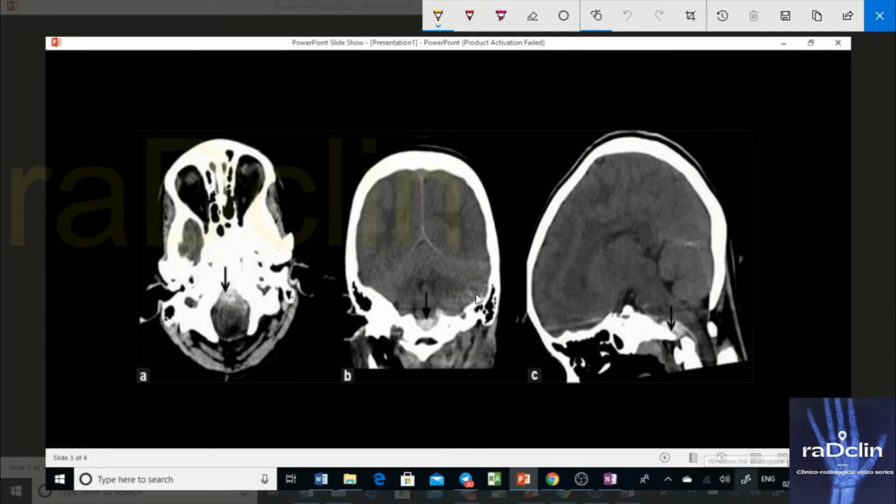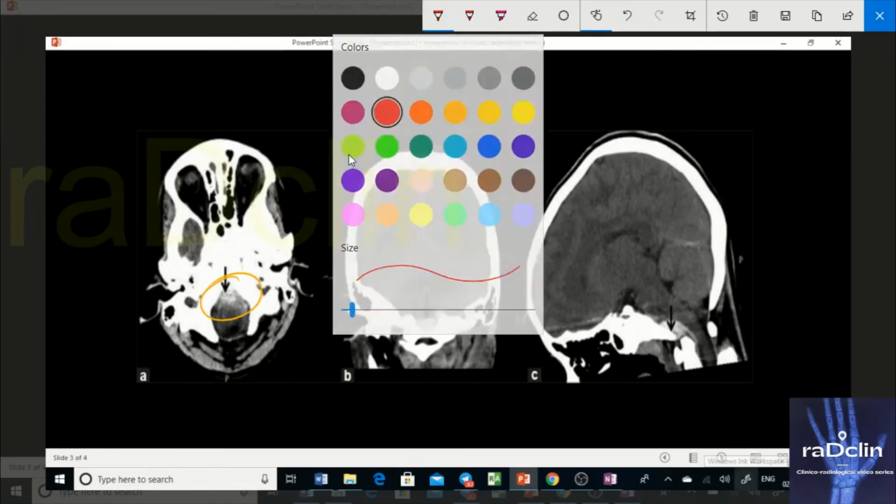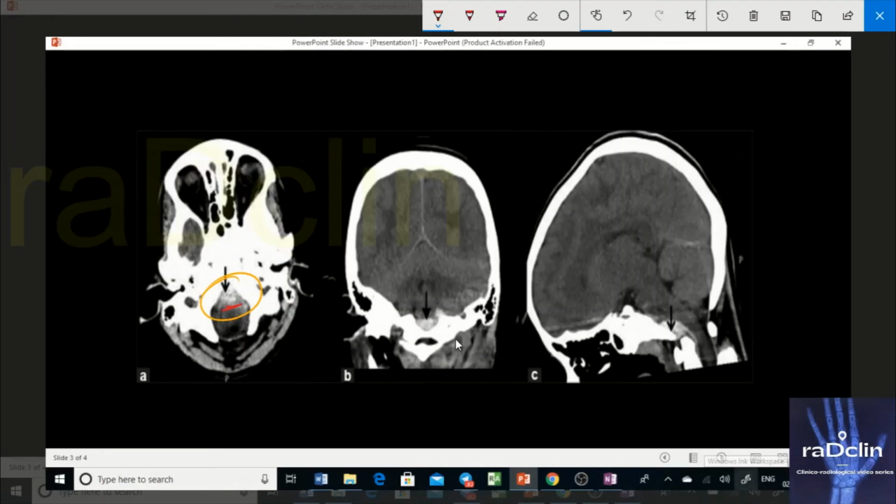If you look at this closely, you see the bleed here. Let me use a red color. You see the bleed in this position, and this is your sagittal plane. What is this region? This region is known by the name of clivus. And clivus is formed by a part of the occiput and a part of the sphenoid bone.